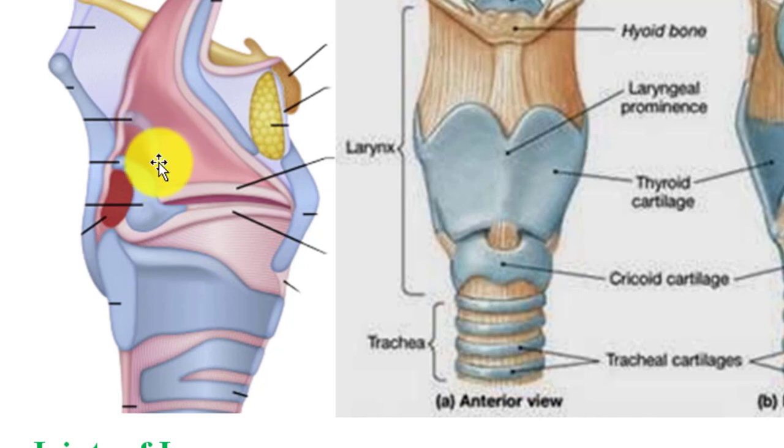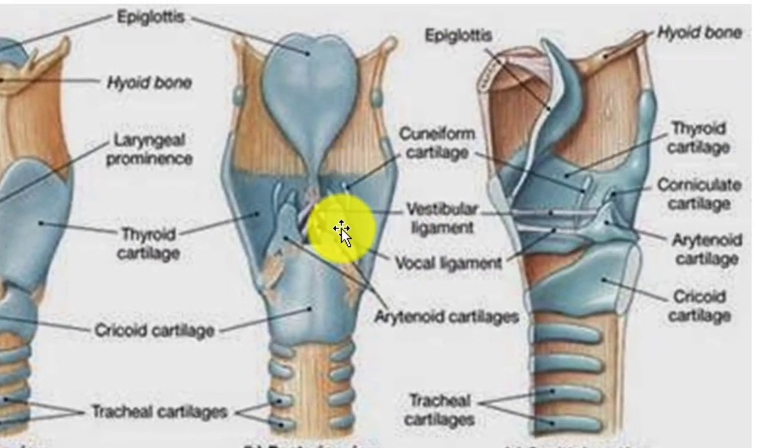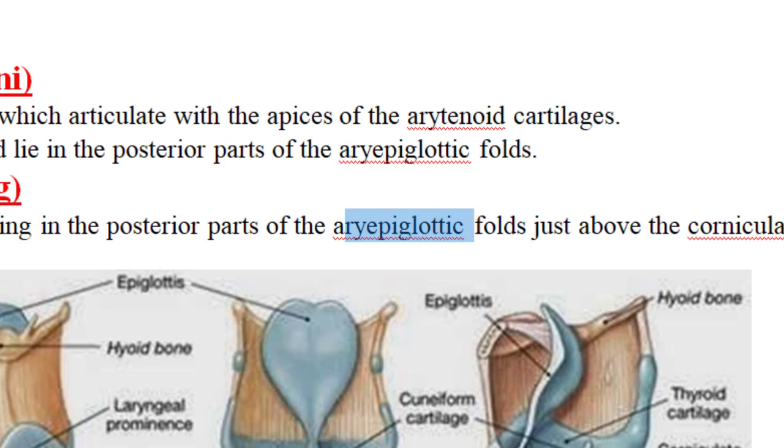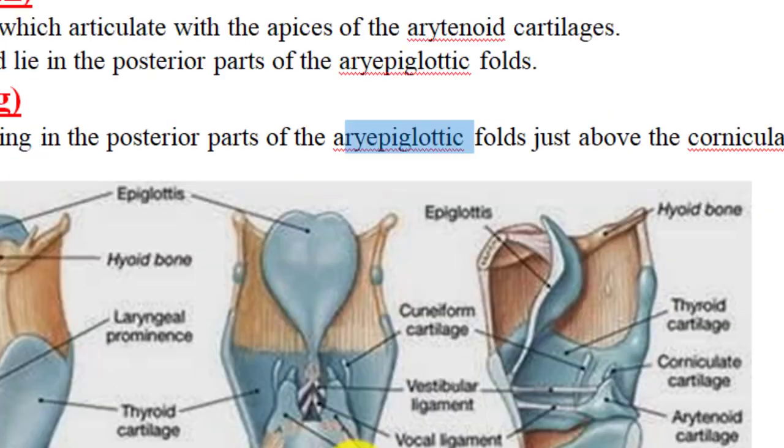Cuneiform means cone shaped. They are also shown here: arytenoid cartilages, corniculate, two small cartilages, and these are the cuneiform cartilages.